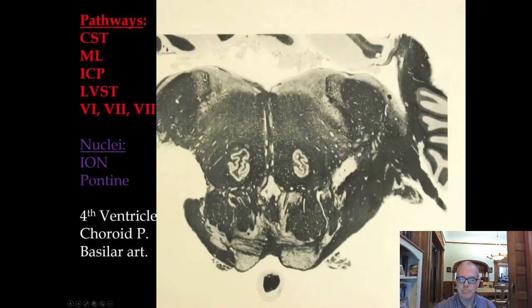All right, so this section is upper medulla transitioning into the pons. So we still have the corticospinal tract here in this midline location. Medial lemniscus is still here along the midline.